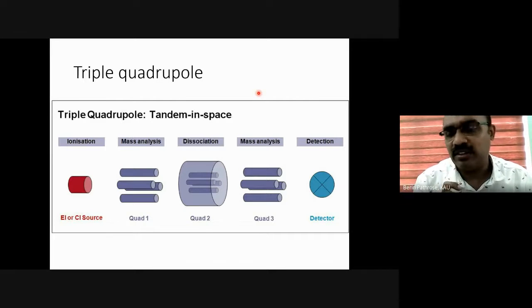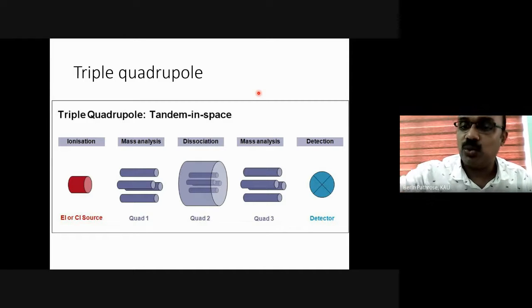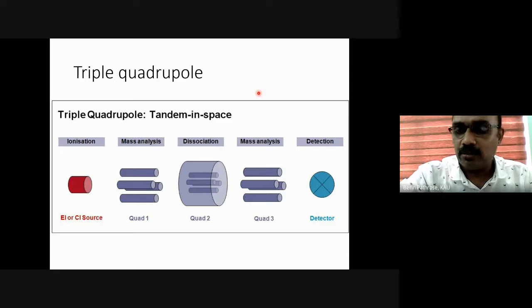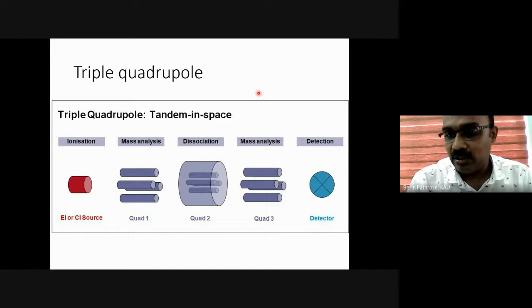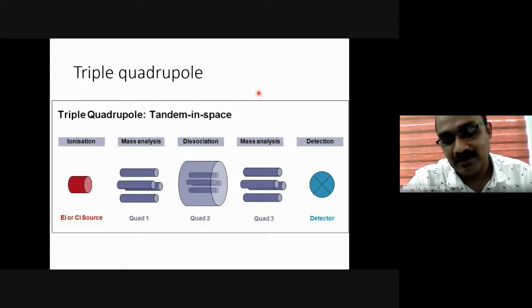One more thing, it will also give the energy at which that compound will be allowed to pass. All those things will be given. M by Z ratio we will get because we will get the molecular weight. Say we are injecting 10 compounds and for one compound we know the molecular weight is 200. Then at 199 or 201 it will give the mass, and for that molecular weight compound, you have to apply this particular voltage.